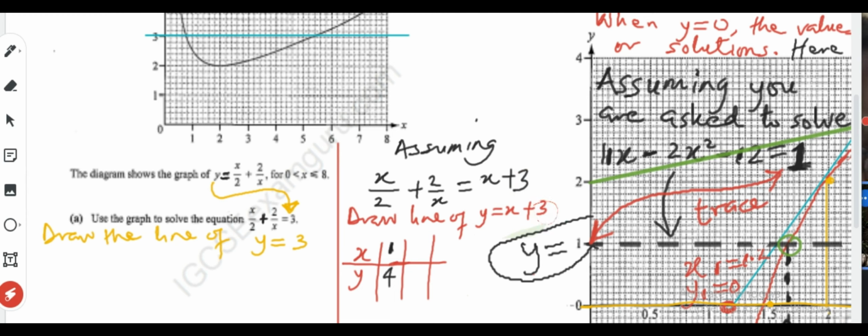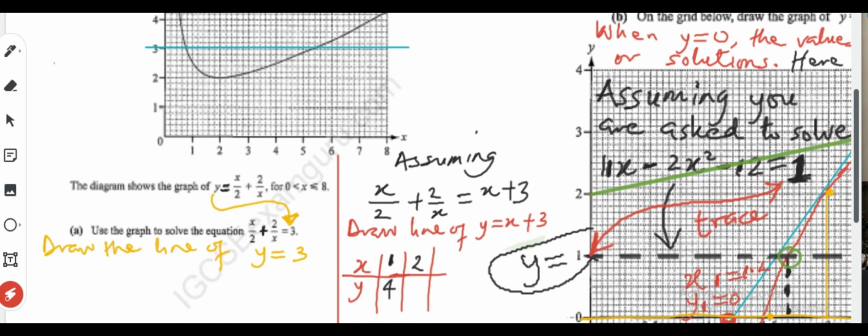What's the coordinate of the intercept? 0, 3. But if you don't want to use that, you can pick another value. Maybe we can pick 2. Any two values on x, for instance 1 and 2, or we can even use 1 and 3.